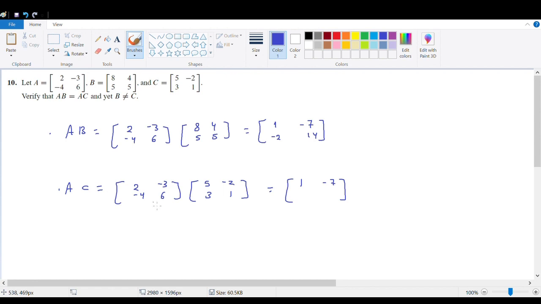Then minus 4 multiplied by 5 plus 6 multiplied by 3, this is minus 2. Minus 4 by minus 2 plus 6 by 1, this is 40. So we see that AB is equal to AC, but B is not equal to C.